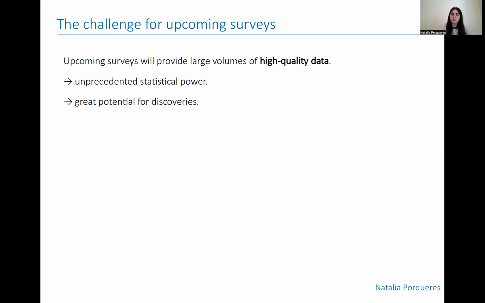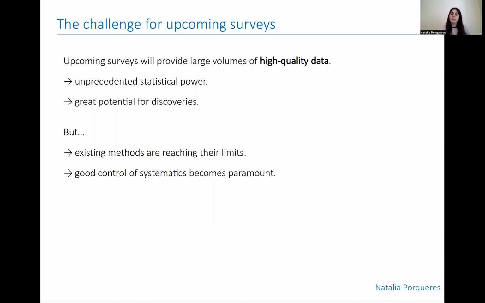There's a great potential for discovery, but that also means that the existing methods are reaching their limits, especially the standard approach is reaching the limits in the amount of information that it can extract from the data and the physical modeling also. Also, since we are going to reduce the error bars in the data, we will need very, very good control on the systematic effects.